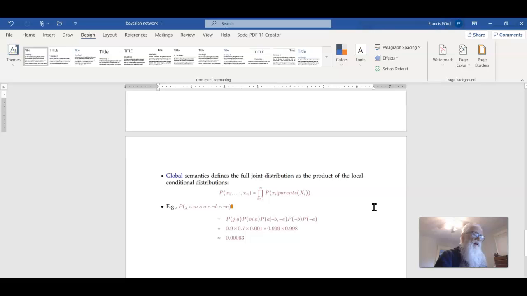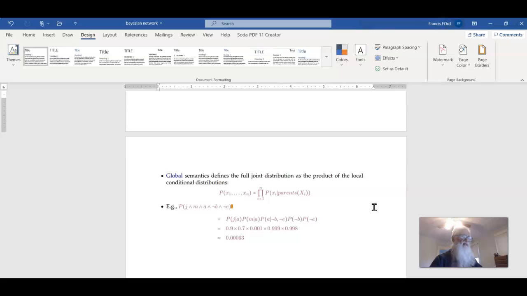And the global semantics basically says the probability of a joint distribution, that is, the probability that all the things are correct, equals the product of the probability of each of the events, given that you have the parents.